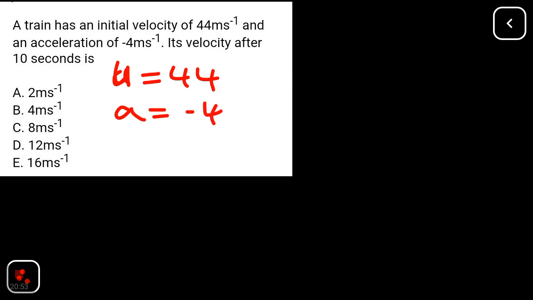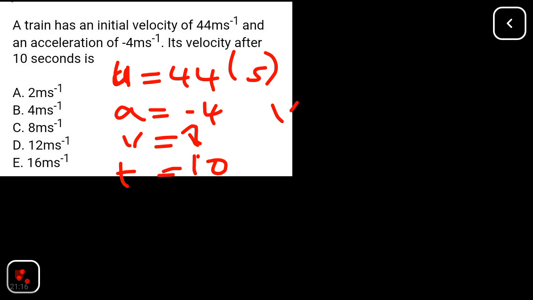If you see this, it tells you that it's retardation. You don't need to put r, just put it as negative a. So you should find the final velocity, which is unknown, when the time is 10 seconds. What we are not given is s.